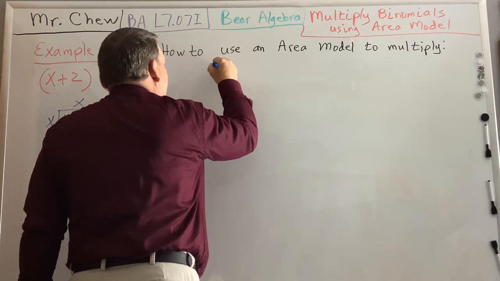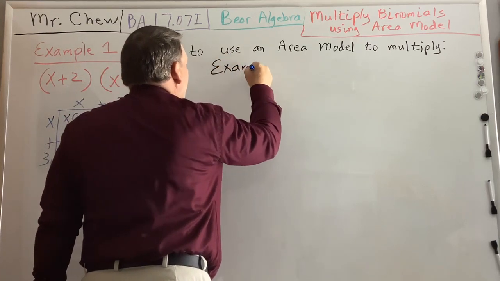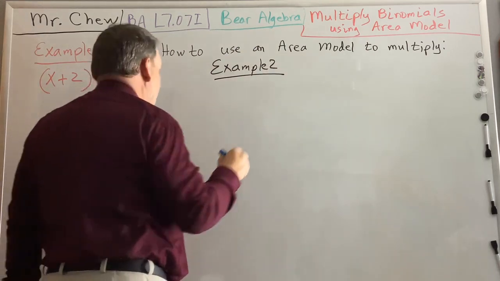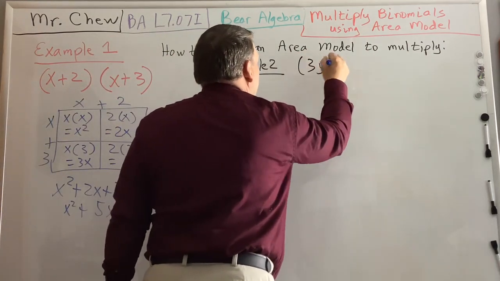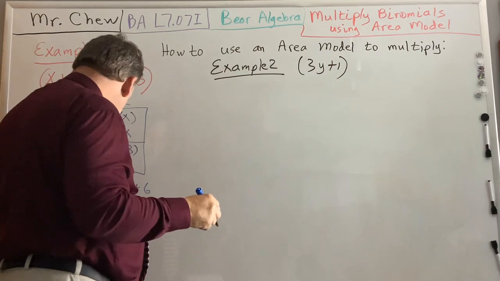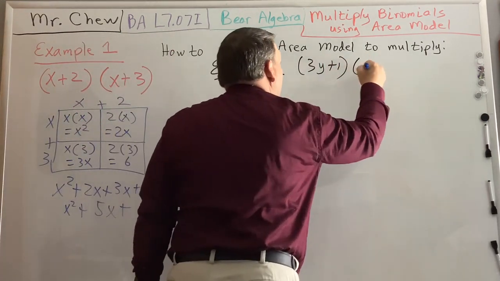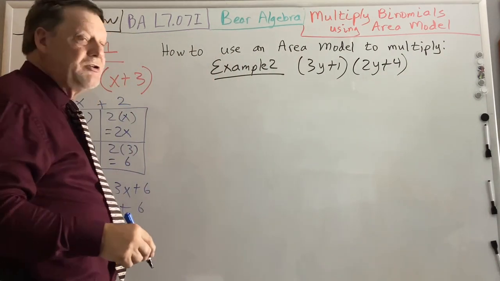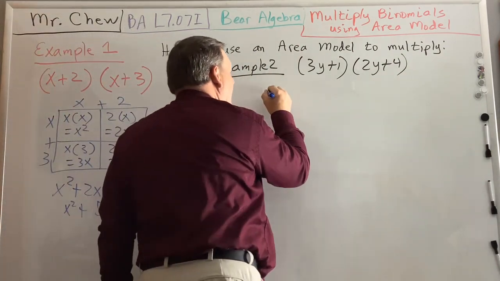Now let's do example 2. And example 2 is 3y plus 1 times 2y plus 4. Remember what you do? You draw a rectangle.